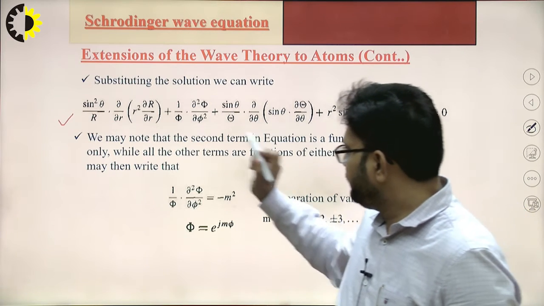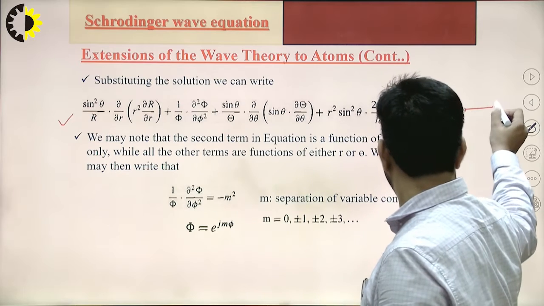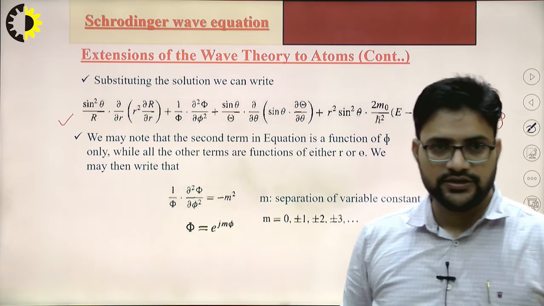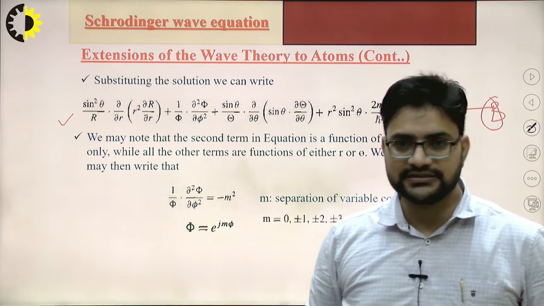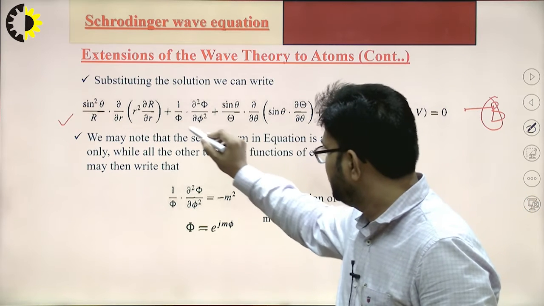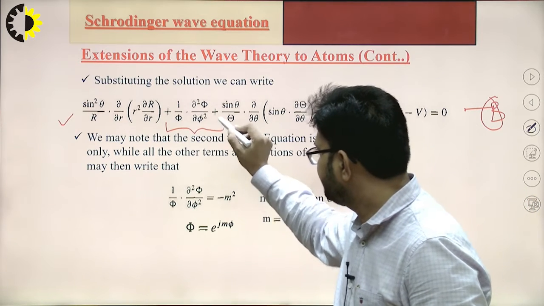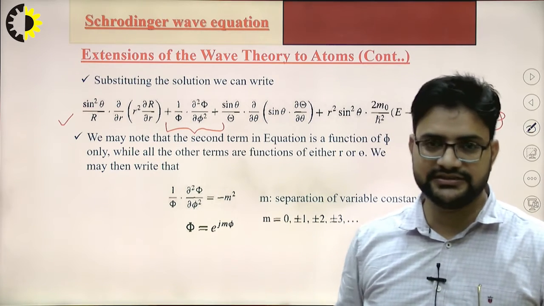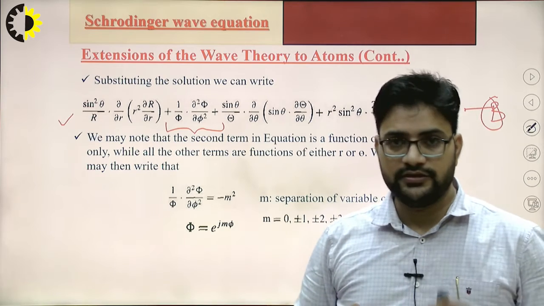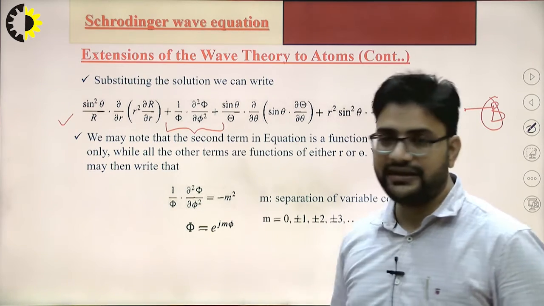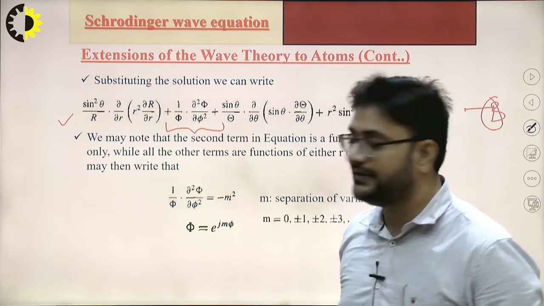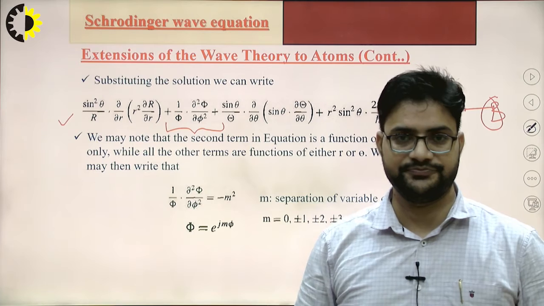Let us call this equation B. If we consider one case, this second term is independent of r and theta. This term is completely dependent on phi.